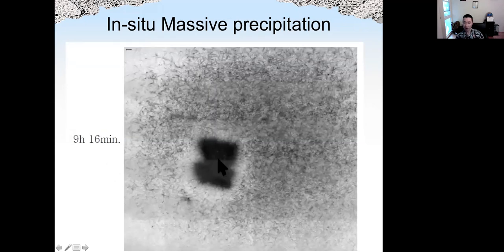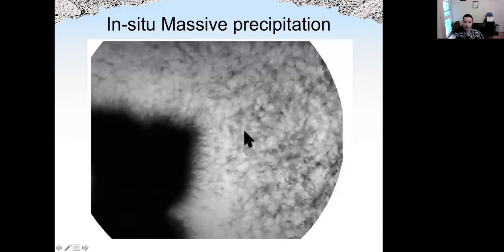At 9 hours, we have more and more hydration products. We can see the needle-like hydration products, including CSH, calcium hydroxide, ettringite, and monosulfate aluminate. They interconnect to each other. We call that mass precipitation.